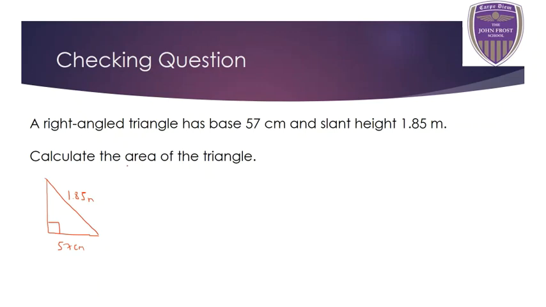Find the area. Remember the area of a triangle is base times the vertical height divided by 2. At the moment, I don't know the vertical height, so I'm going to have to work it out. No problem.